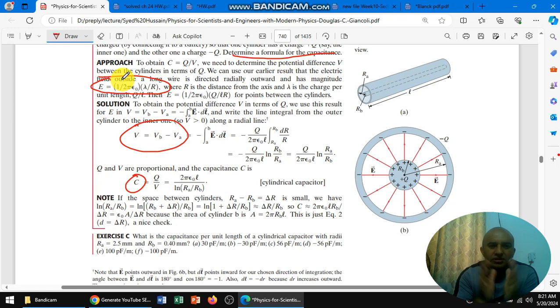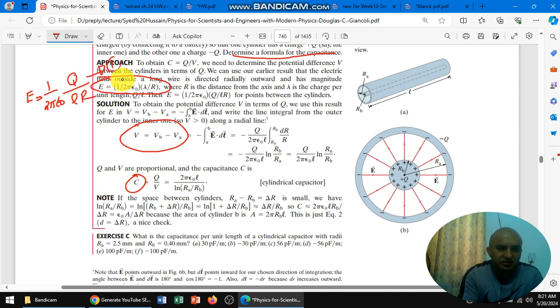As we know from the previous lesson, the electric field intensity for a cylinder is E equal to 1 over 2 pi epsilon naught, lambda over r. Lambda can be written as charge per unit length, Q over L. This is the formula for the intensity of a cylinder. Now we use this result to find the capacitance.